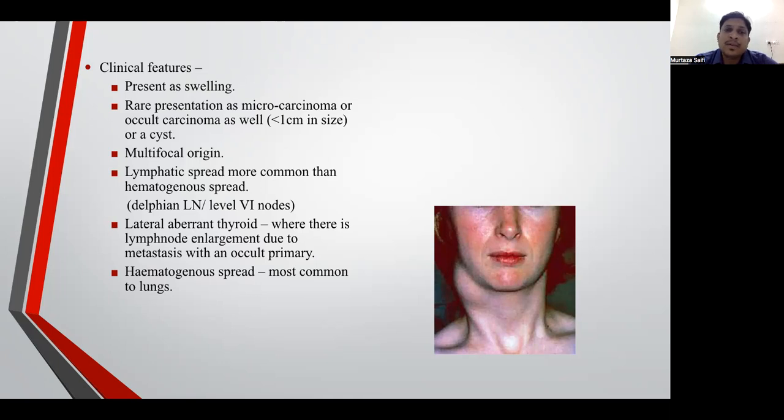Delphian lymph node, level 6 lymph nodes, then lateral aberrant thyroid, where there is lymph node enlargement due to metastasis with an occult primary. Hematogenous spread is most common to the lungs, as you all know.